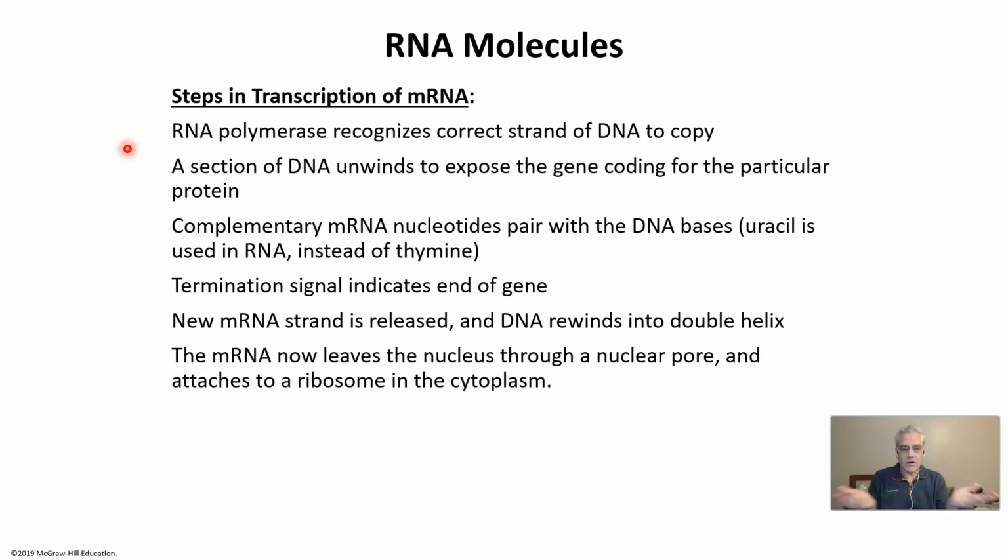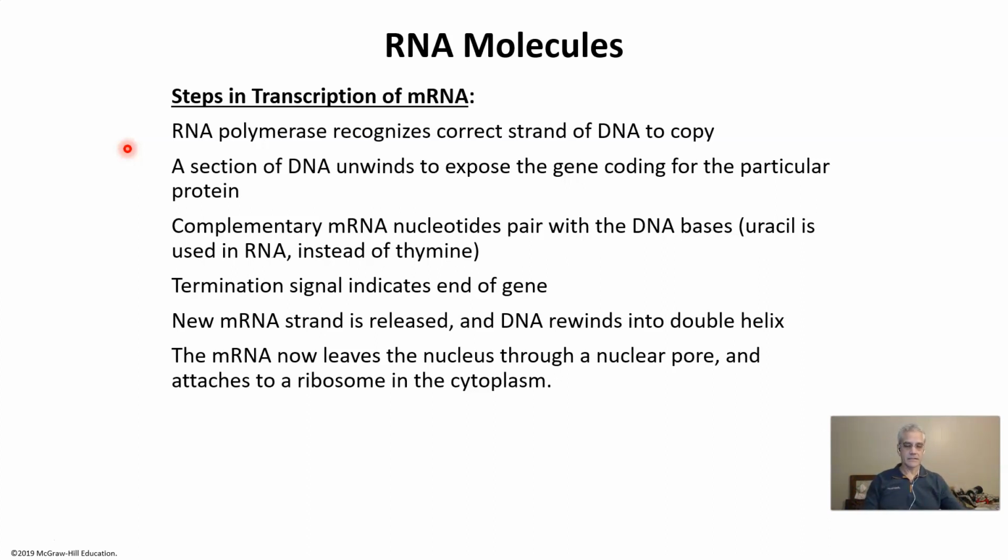How does the RNA polymerase know which side to copy from? Don't worry about that. There is a specific way that happens. Not necessary for us to know that. Suffice to say that RNA polymerase does know which strand of DNA to copy from. Thank goodness. Right, so it figures out, oh yeah, I want that strand, not this strand. Great. So it grabs on.